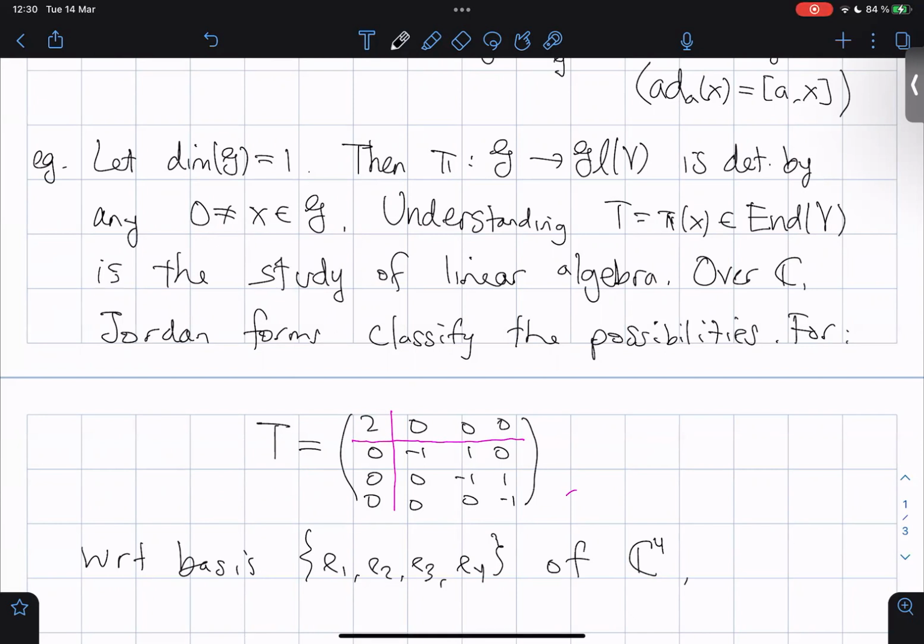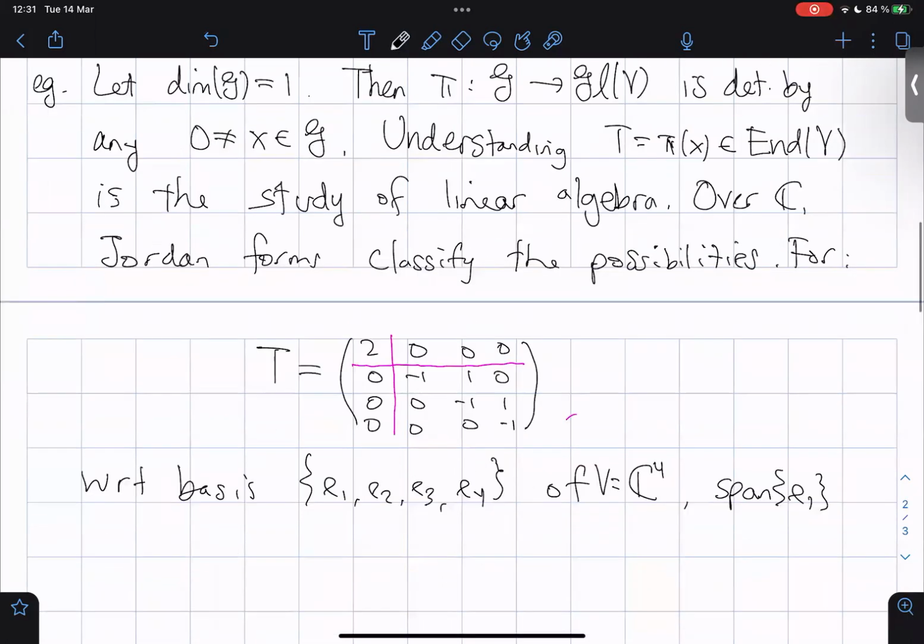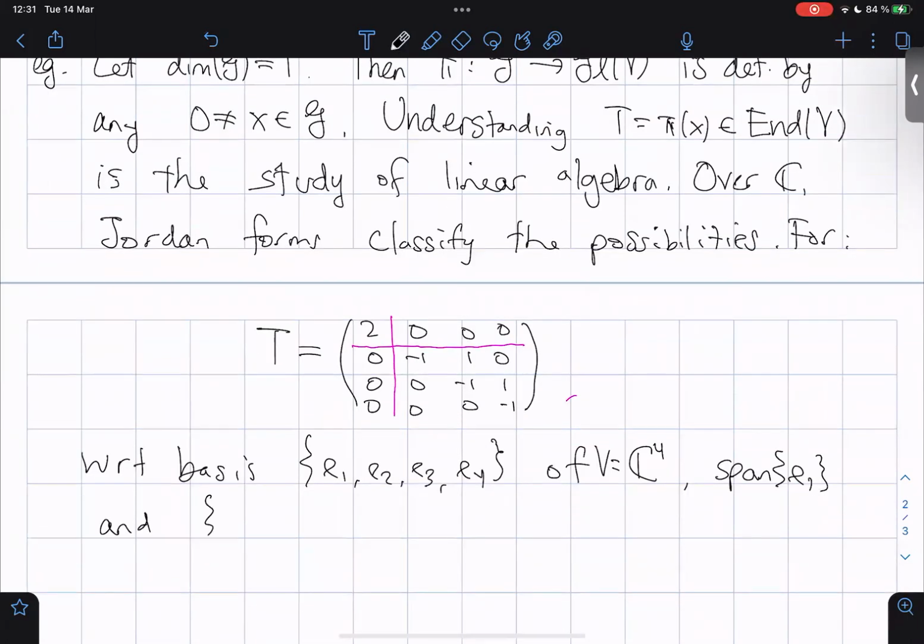Okay, what are the invariant subspaces when you let this act on C4? So the span of the first one is an invariant subspace. The span of the third and fourth, these are invariant subspaces.